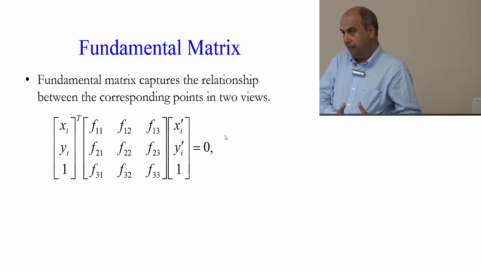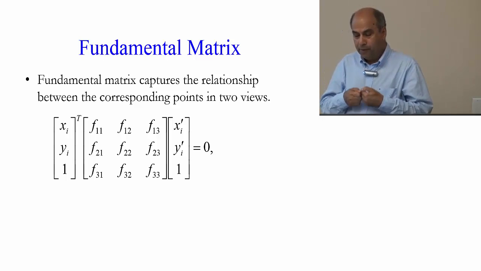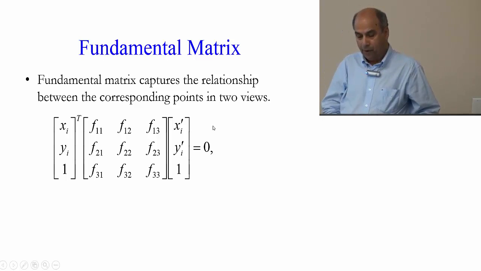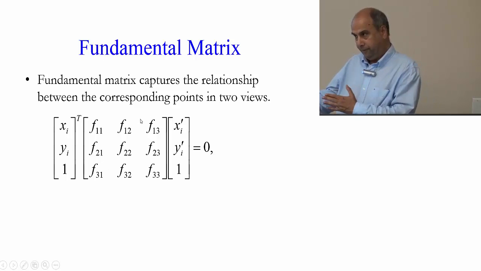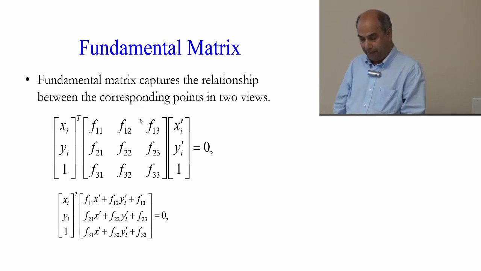We're going to use this property to compute F. So suppose we look at point i in the left image and the corresponding point in the right image; multiplied with the fundamental matrix, it has to be 0. We are going to look at several points like that.